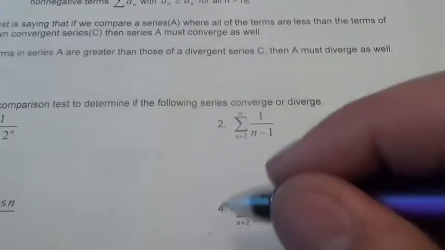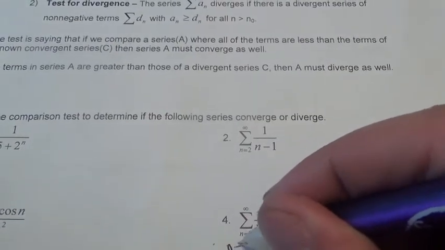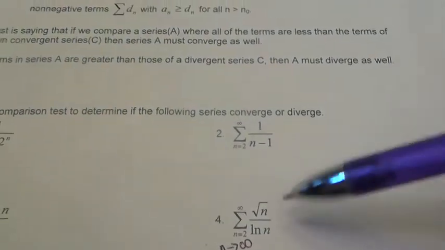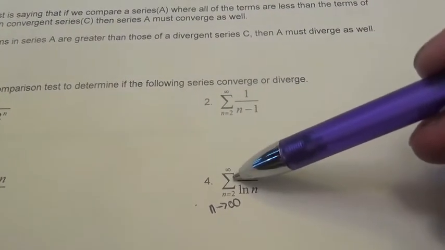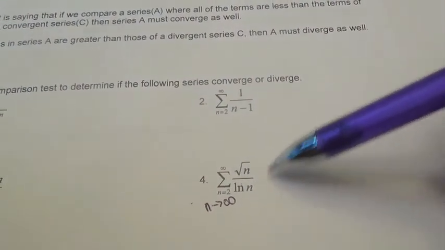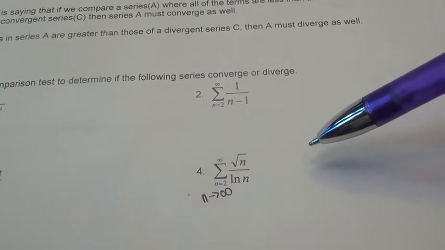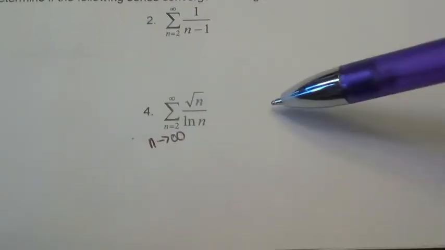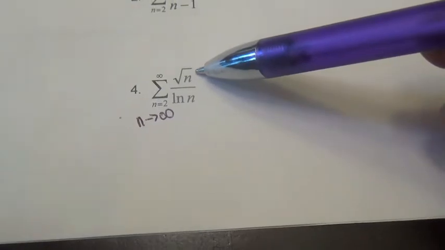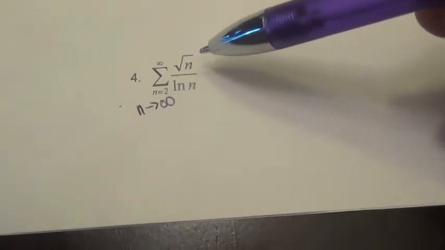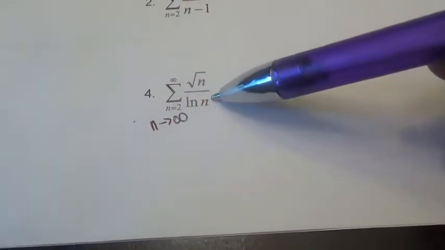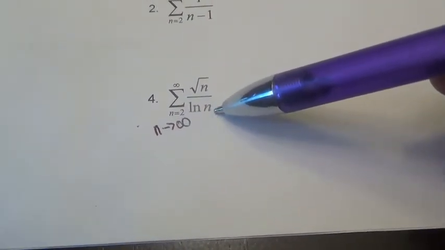So in number 4, the first thing we're going to do is determine, as n goes to infinity, will this sequence, ignoring the idea that we're adding everything together, will this general term go to 0? Basically, that's asking if we compare root n and the natural log of n, what we'd hopefully know from the other day is that the natural log of n is the slowest, it doesn't beat anybody.